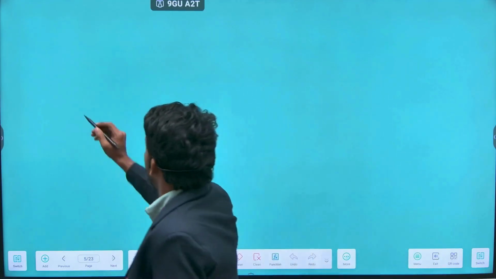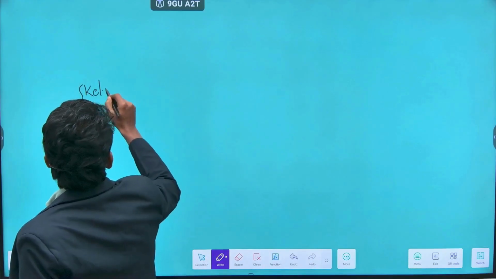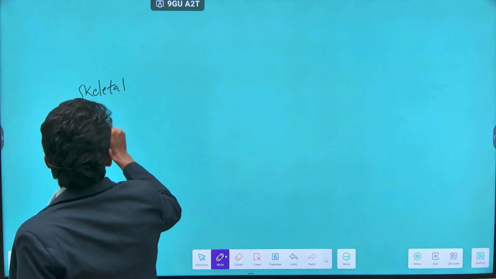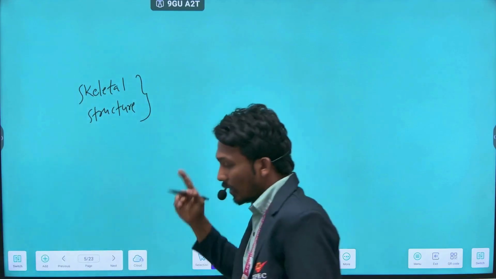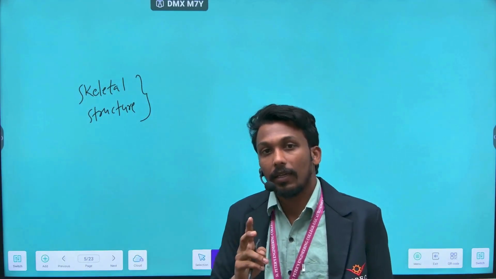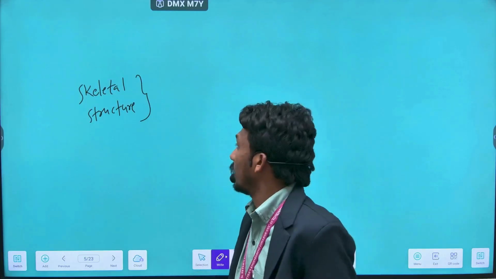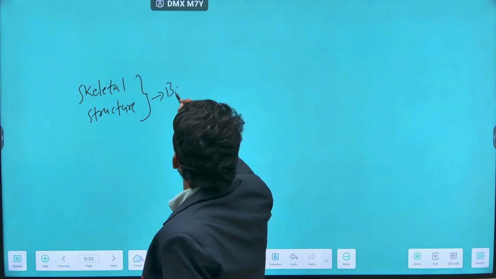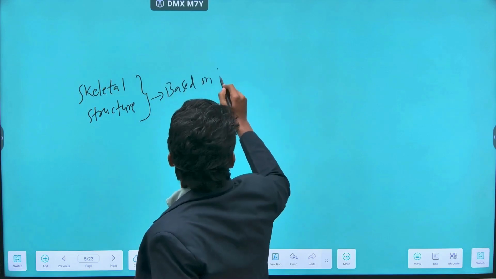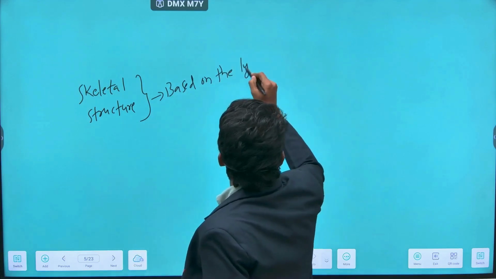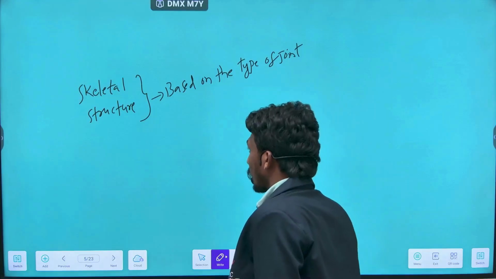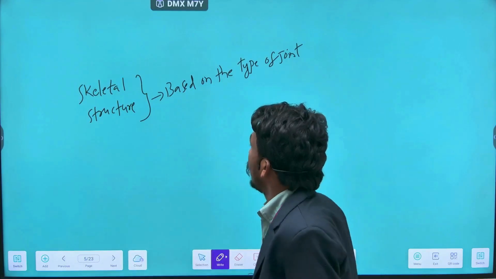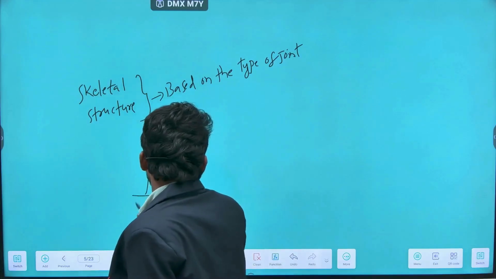Now again, a skeletal structure is classified based on the type of joint. So let us take a framed structure, something like this.